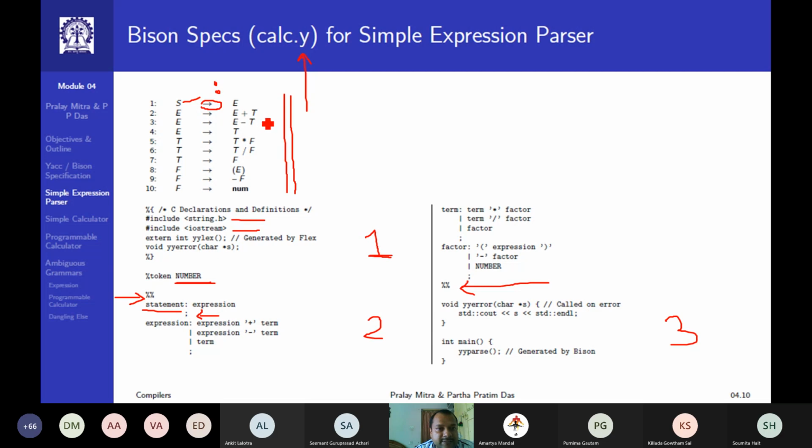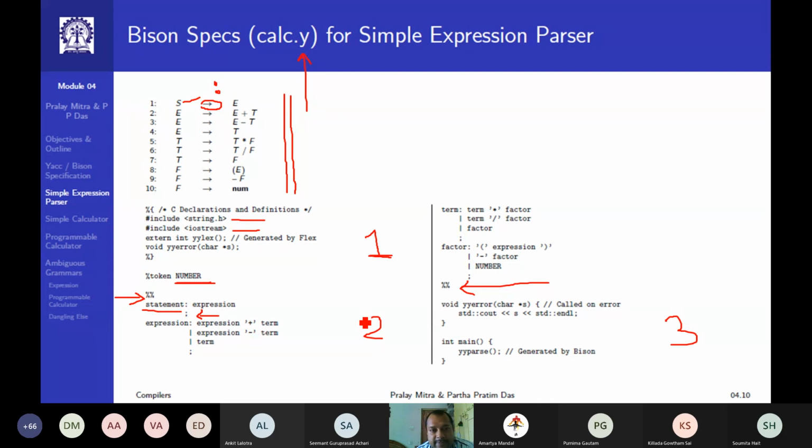Next, production rule 2. E derives E plus T. E was expression, so I am writing expression colon E plus T. E is my expression again, T is my term. Now the addition operation, or that plus symbol, is my terminal. So for that terminal, here I am writing within single quote plus.